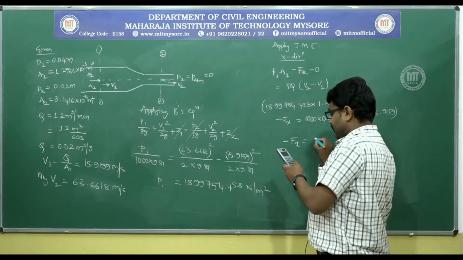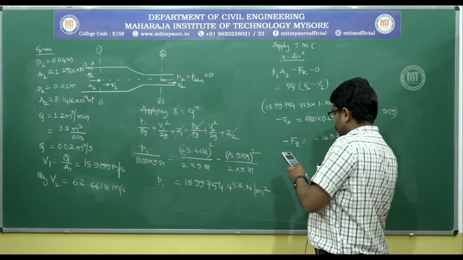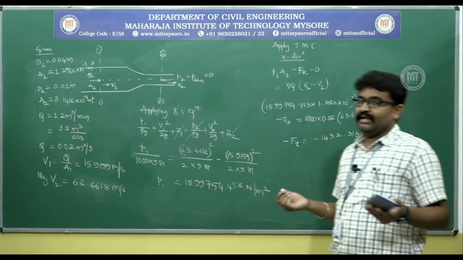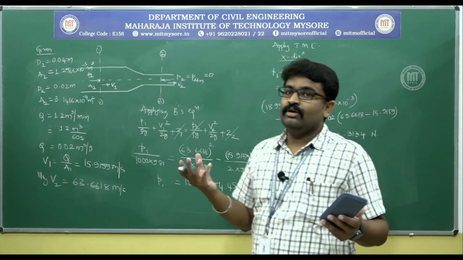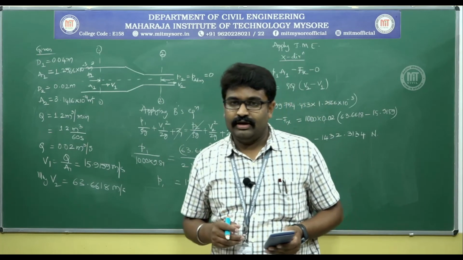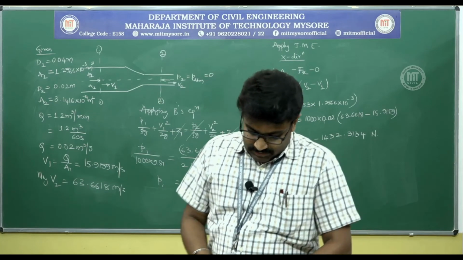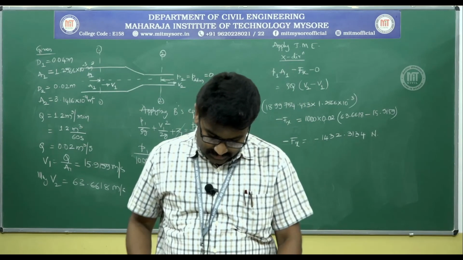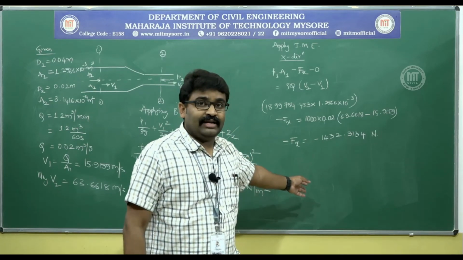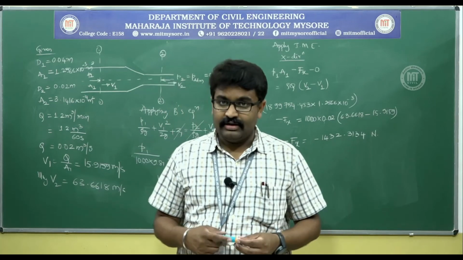So that gives you a value minus 1432.3134 Newton. The negative sign indicates that you have found out the force exerted by nozzle on flowing fluid. This is the solution we were looking for. You may add the line at the bottom. Negative sign indicates force exerted by nozzle on flowing fluid.